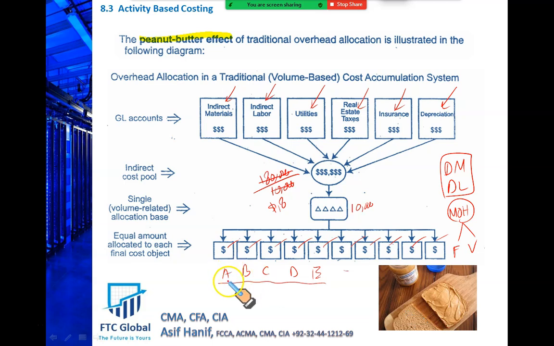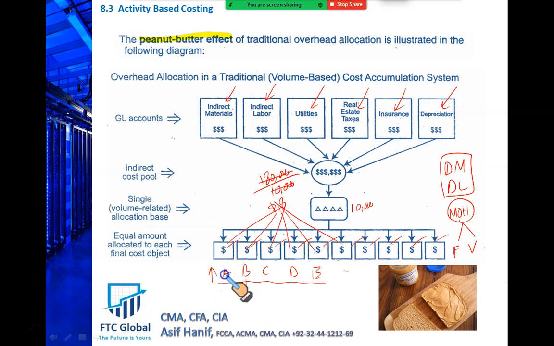Some items are complex to make. Some are very simple. How can you charge $18 on every item you produce? This would result in a very serious problem for us. This is called product cross subsidization, cost cross subsidization. Some items will cost more, some items will cost less.